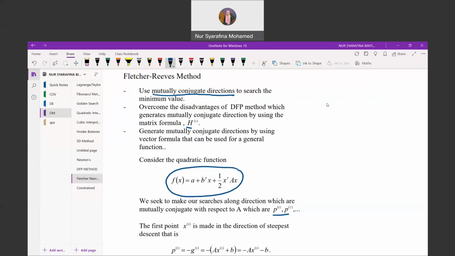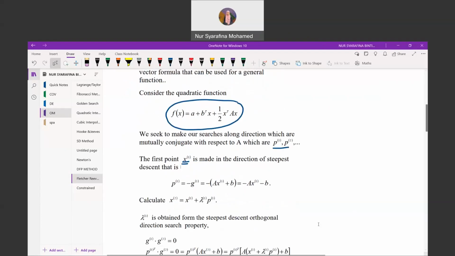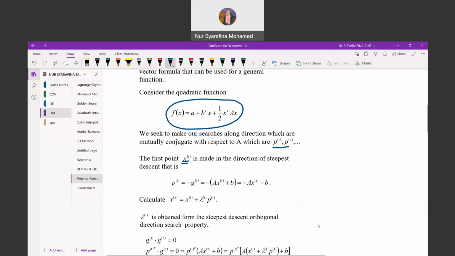The first point, x1, is our initial point, and it is moved in the direction of steepest descent. Usually x1 is given. We start with P1 equals negative G1, where G1 is the derivative, equal to AX1 plus B.